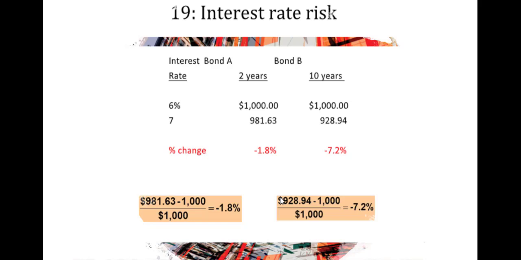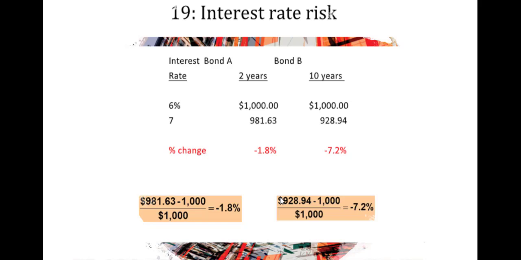And this is what the slide illustrates. The bond that matured in 2 years decreased in price by 1.8% in response to the market rate increasing from 6 to 7%. The 10-year coupon bond decreased in price by 7.2%. The longer the time to maturity, the greater the price sensitivity to interest rate changes.